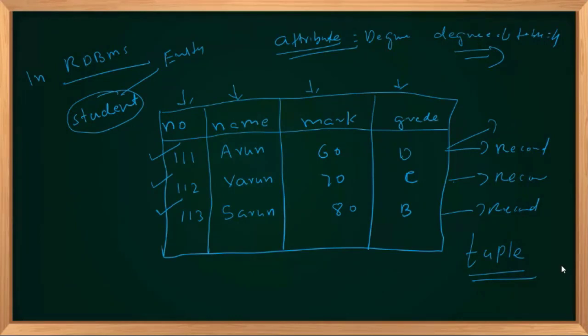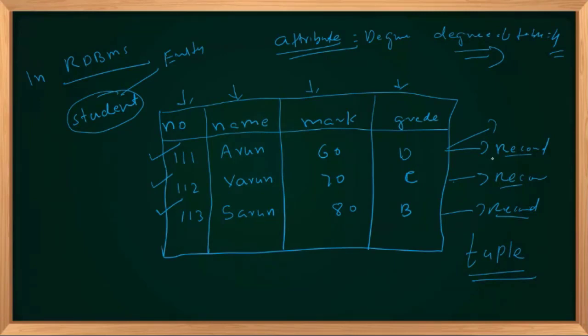The number of attributes is known as degree. Here, how much degree? 4. Here, the attributes consist of column values. Row values are tuples. Row values are also known as records.